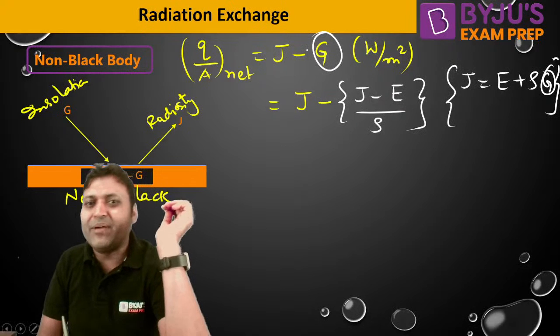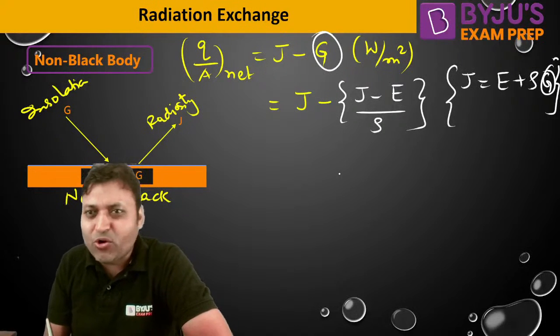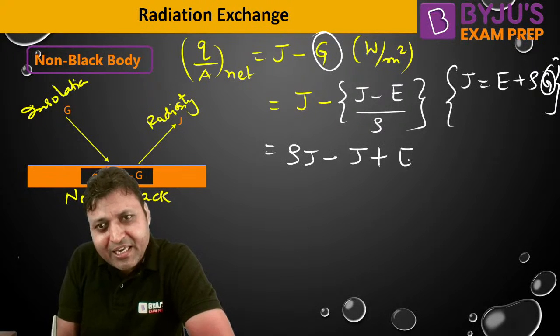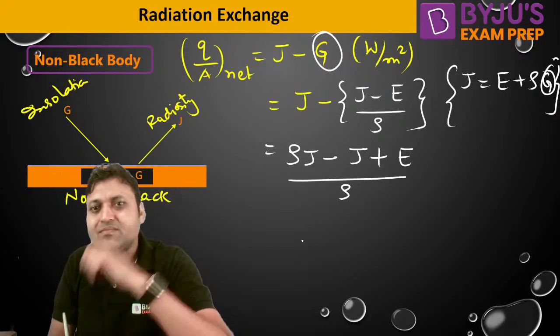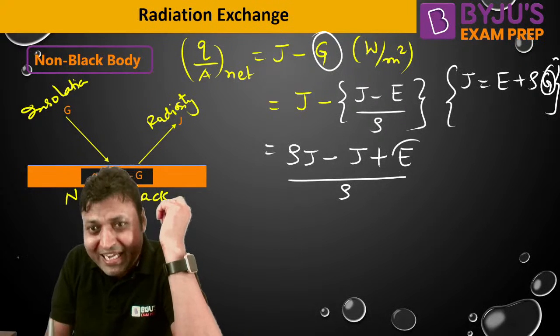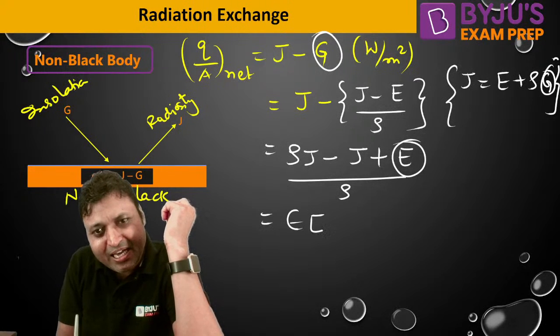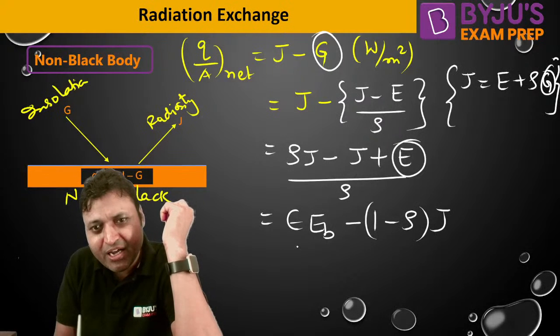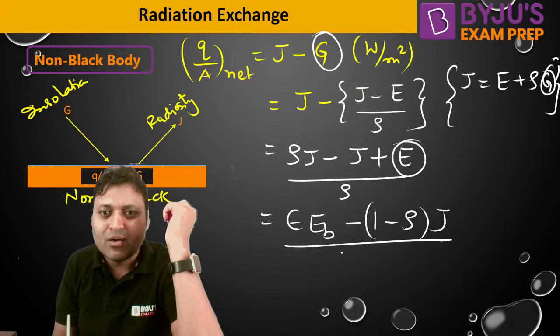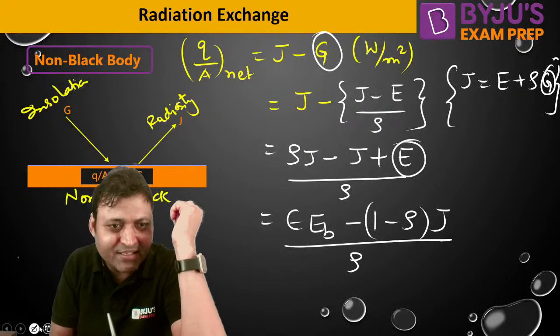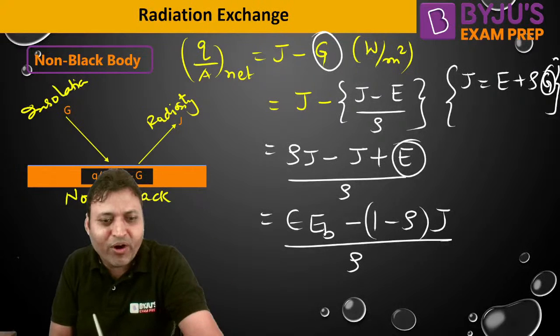This G can be written as J minus E by rho, or we can write it as rho into J minus J plus E by rho, or E can be written as epsilon EB. That can be written as epsilon EB minus 1 minus rho into J upon rho. Can we write rho, for a non-black body?